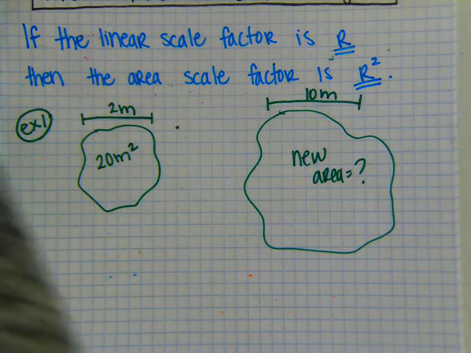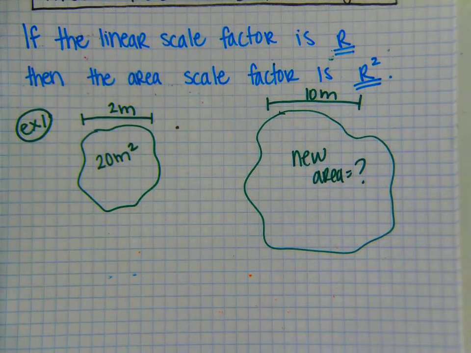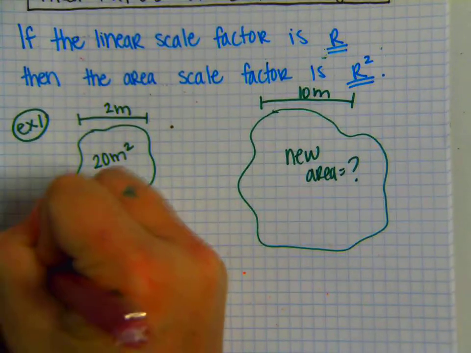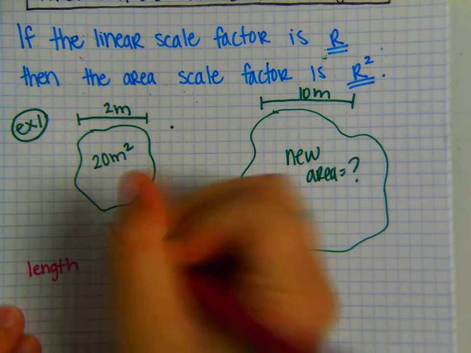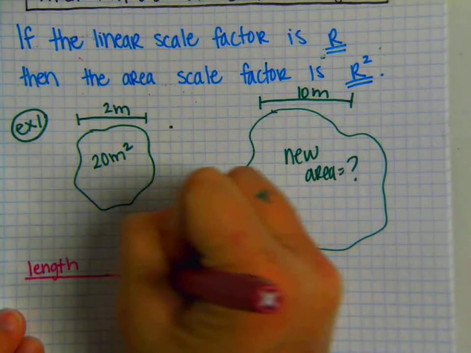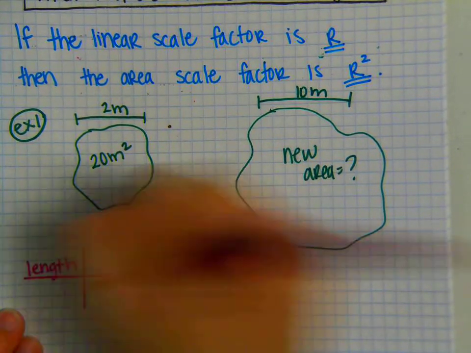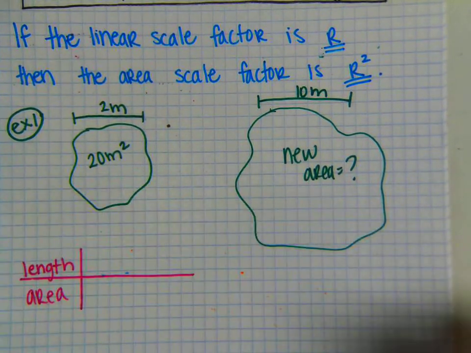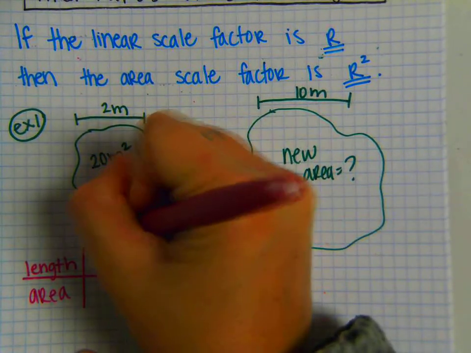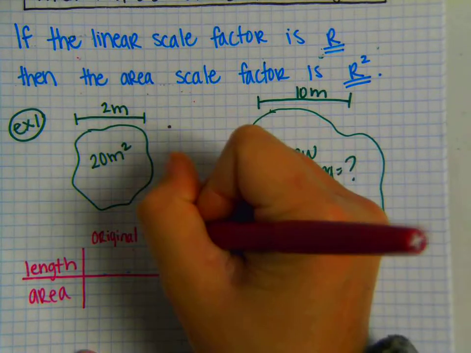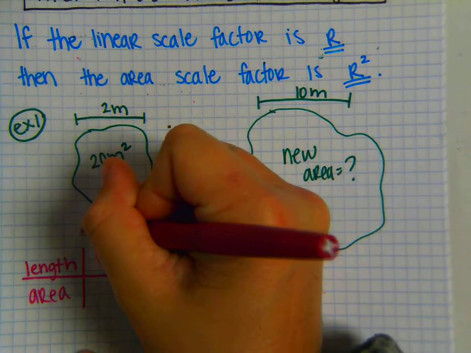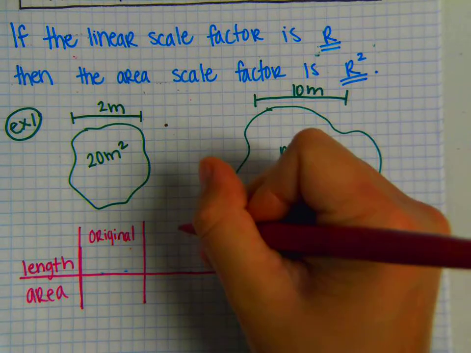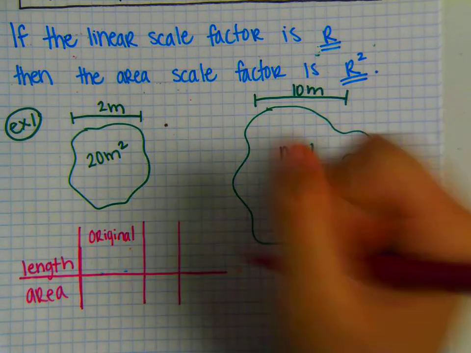So I like to make a little chart to keep things organized. So I'm going to say length, and area. So we're going to have the original, I'm going to have a blank box, and then the new.